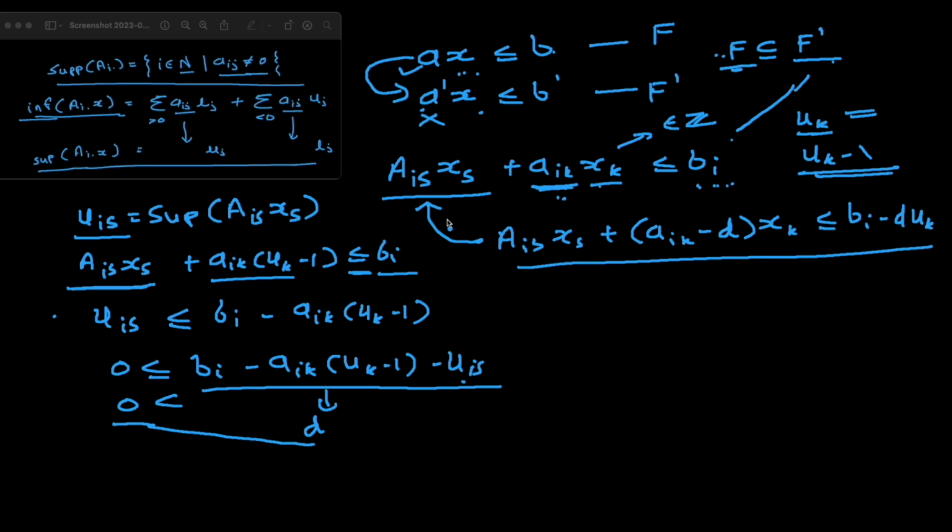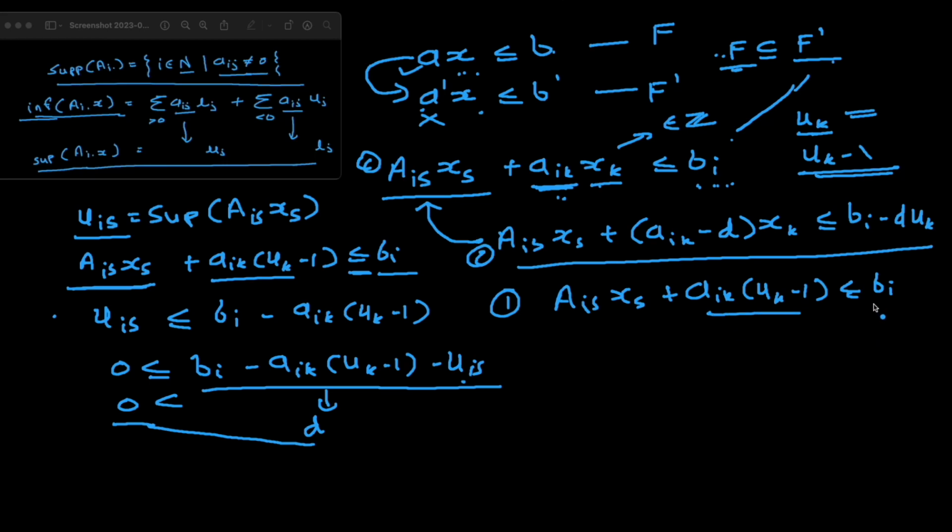Let's call this constraint number 1 and this constraint number 2. Let's see what happens for constraint number 1. We have AIS XS plus AIK times UK minus 1 less than or equal to BI, right? This part is constant, this part is constant.